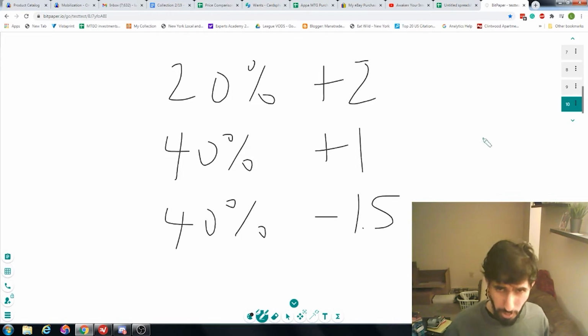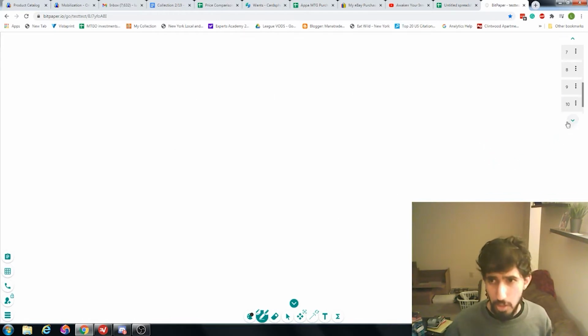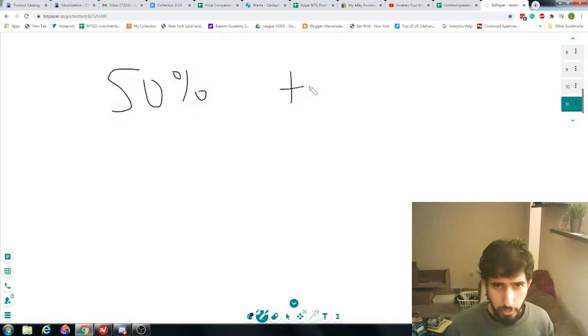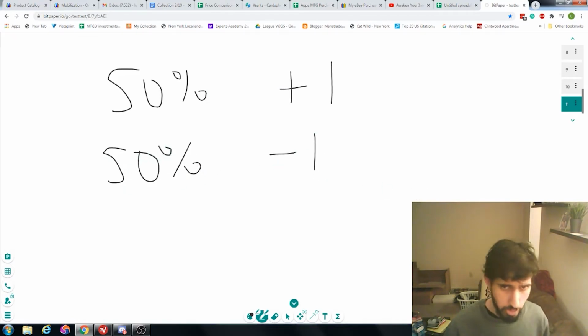So let's talk about some more of the nuances here. Now, let's consider a bet where there's a 50% chance of +1 and a 50% chance of -1. This is an even bet. If you made this bet many times, on average you'll break even.